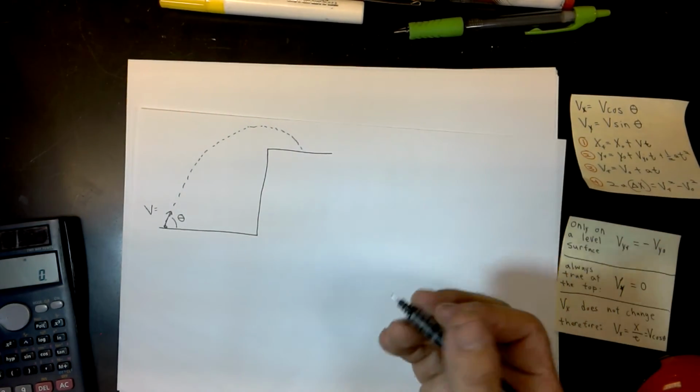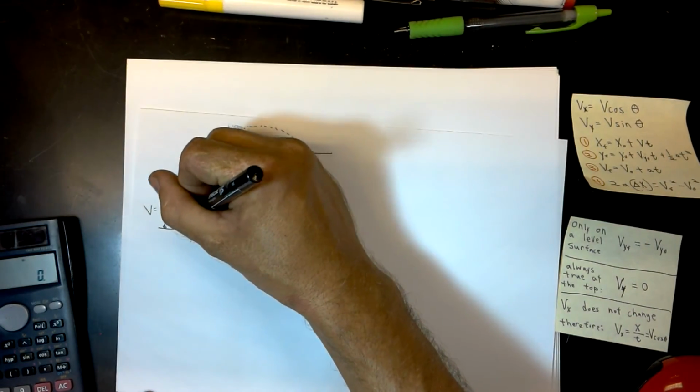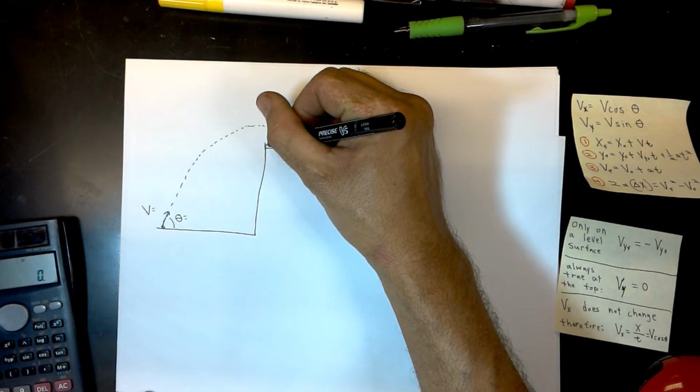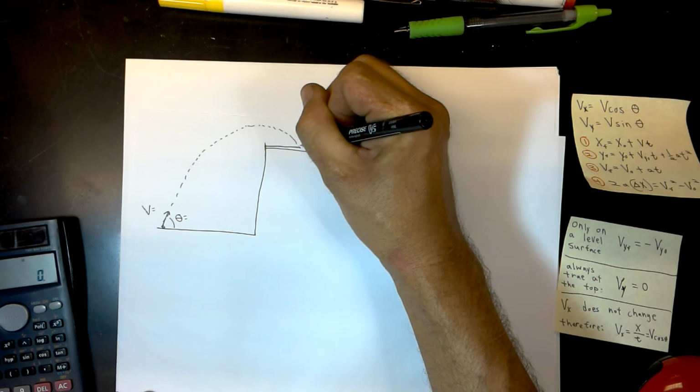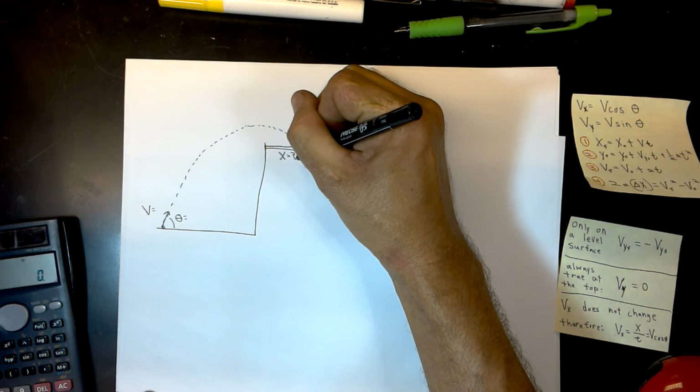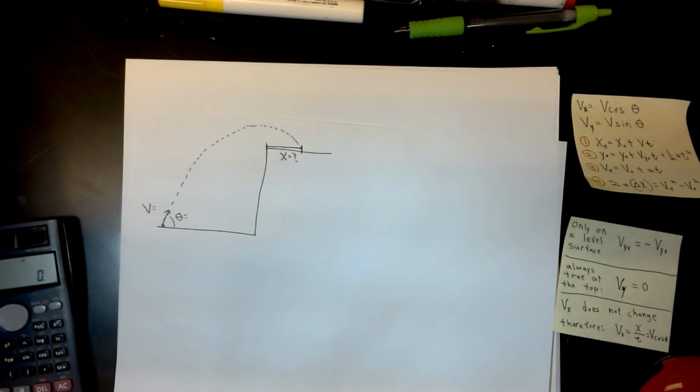Well, first of all, I should tell you what it is you're going to solve for on this. We want to know from the edge of the cliff over that x distance, where is this object going to land? That's a pretty neat question, but there's some problems with that.